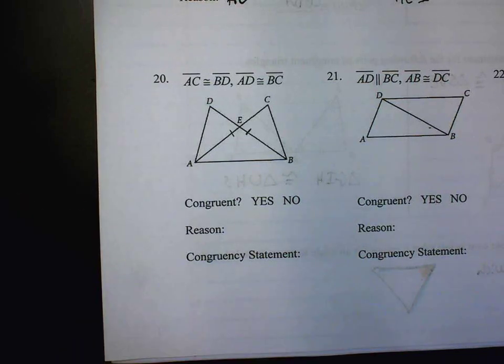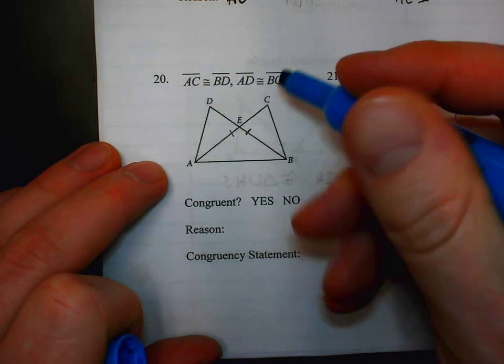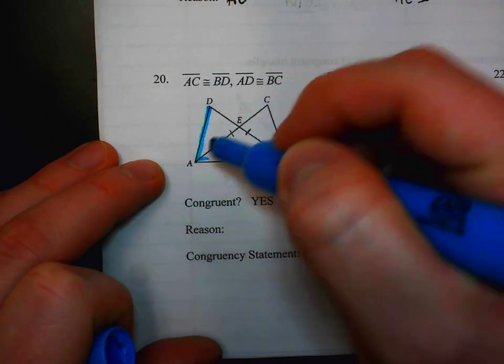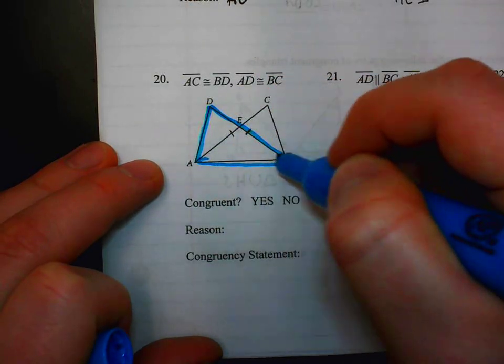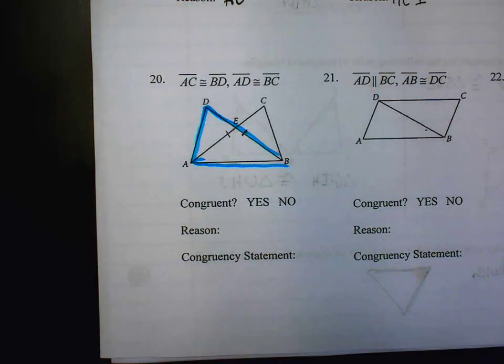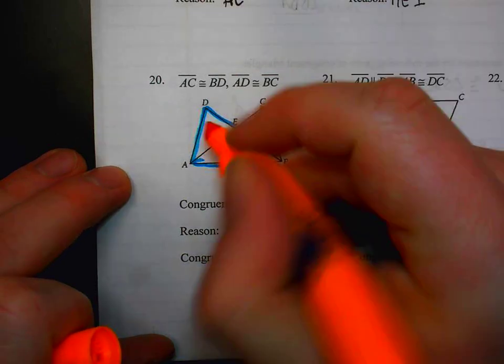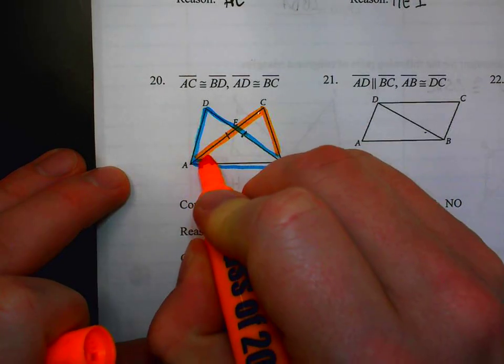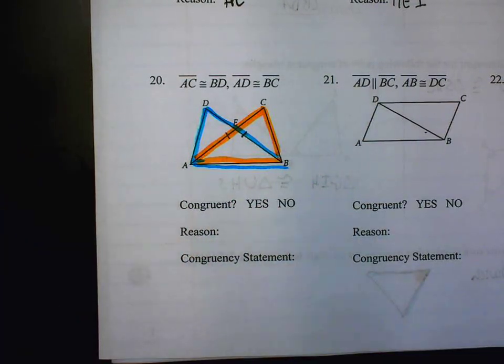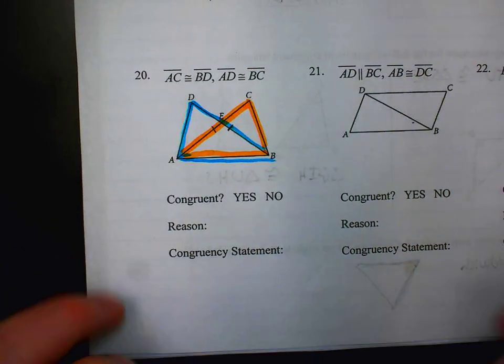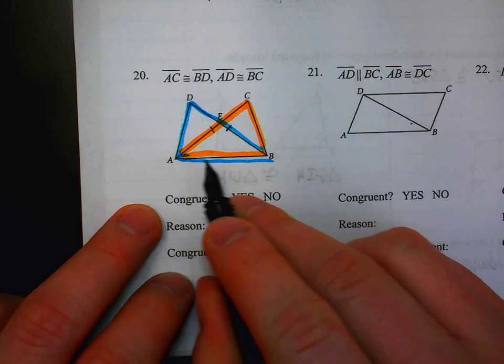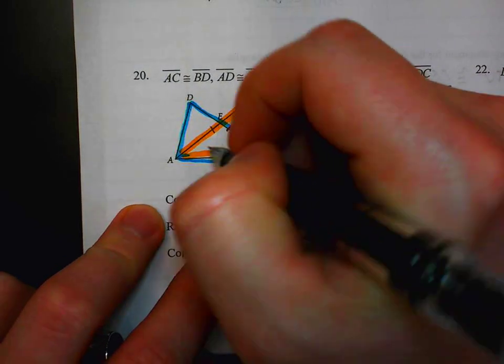If we were to use highlighters, we could outline the two triangles they're talking about, maybe make it a little easier to tell what's going on. One of the advantages to using a highlighter is it makes it easy to see if there's any shared sides. At the bottom, this side is highlighted both orange and blue, meaning this is going to be a shared side.